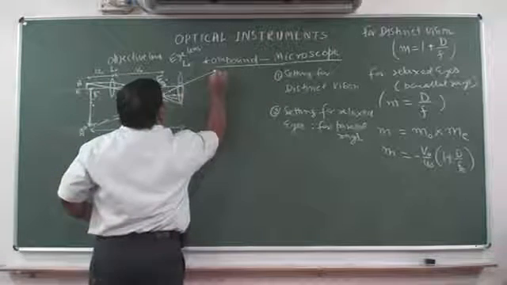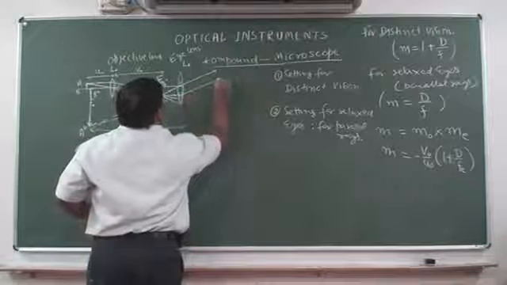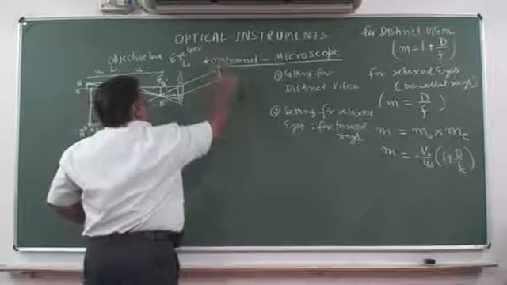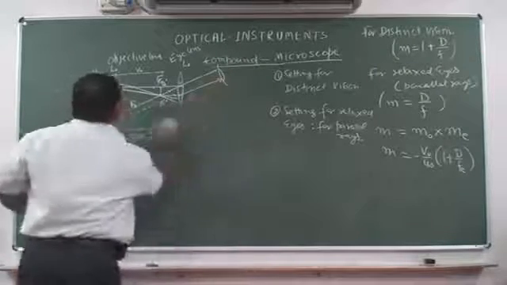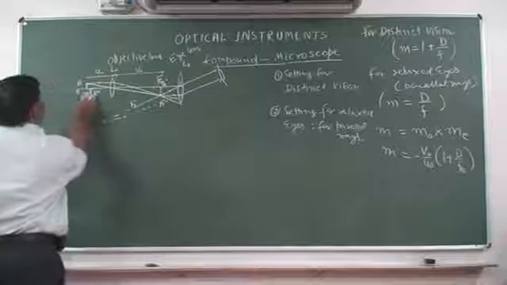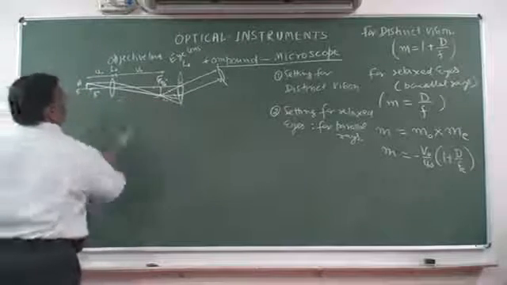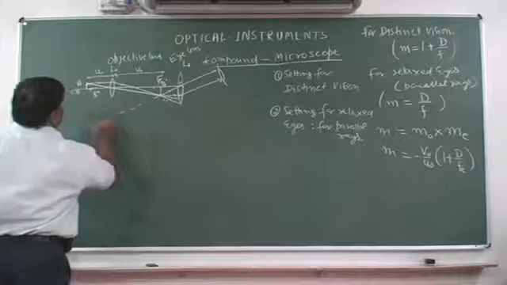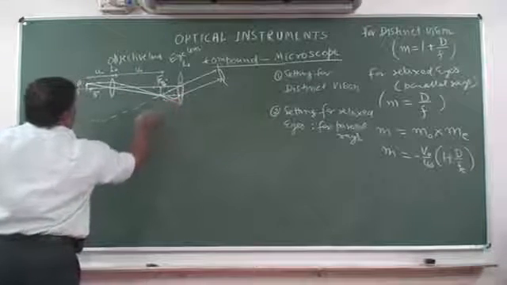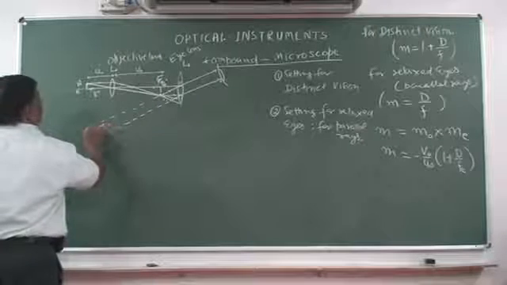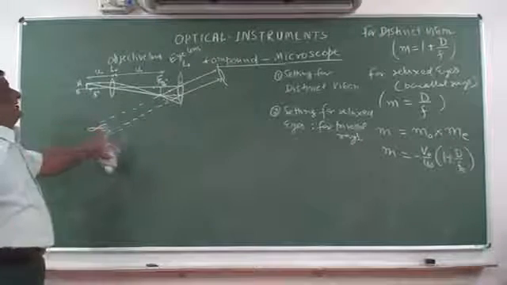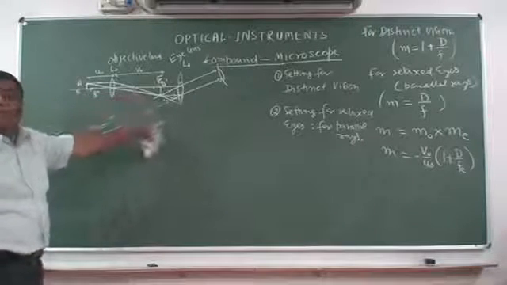So this goes like this and this goes like this. They become parallel to each other. Now if they become parallel to each other, we are not able to see this image here. And these two rays, they are parallel to each other. Where will they meet? At infinity. Now this is the new diagram.